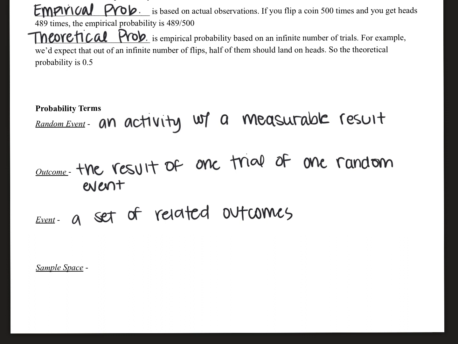And then the sample space is the set of all possible outcomes, which we usually denote S equals, and then we use curly brackets around our sample space. We usually list all of the possible outcomes inside those brackets. So like flipping a coin, all of our possible outcomes are heads or tails. So my sample space is heads and tails.